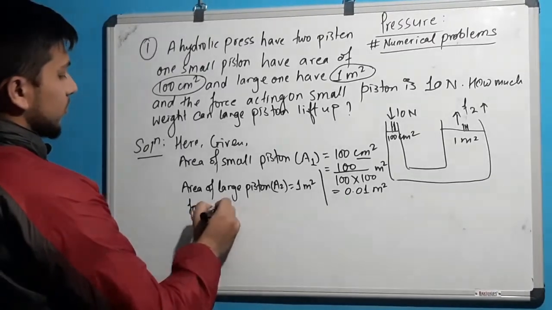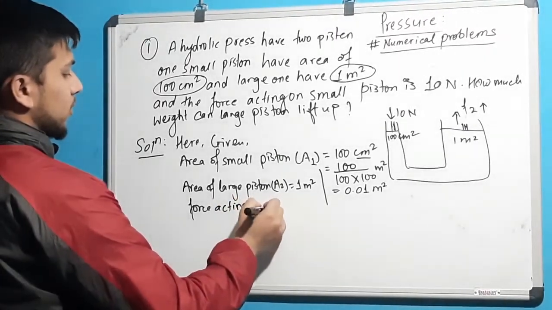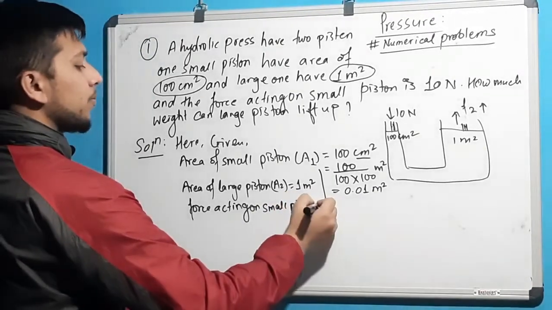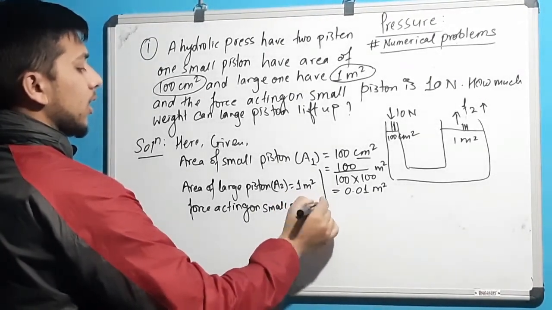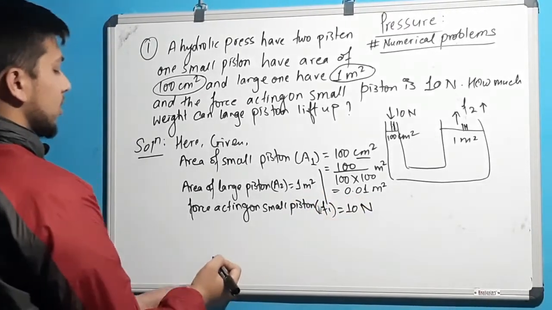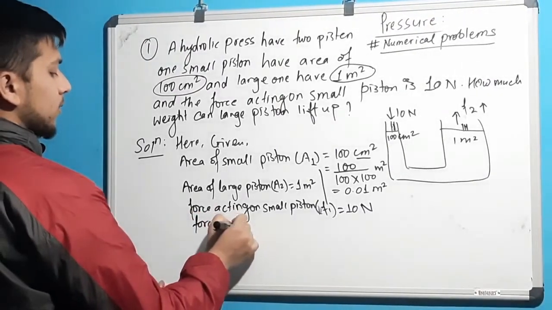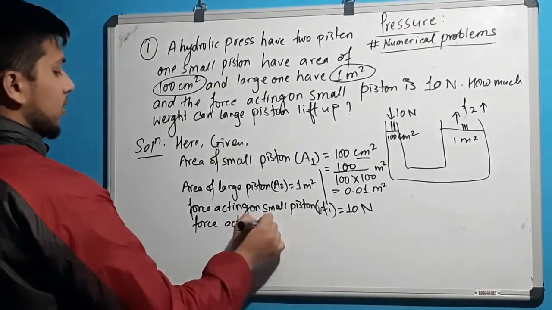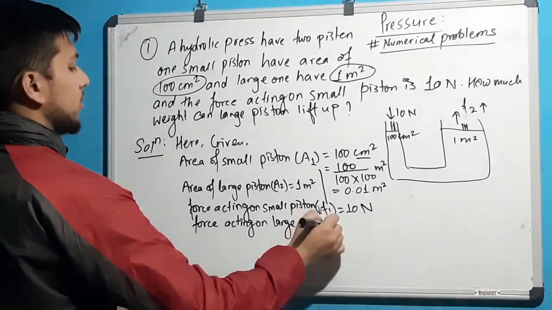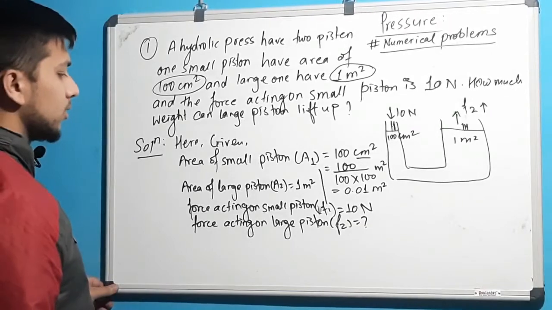Force acting on the small piston, that is F1 equal to 10 Newton, and force acting on the large piston F2 equal to what? You have to find this F2.